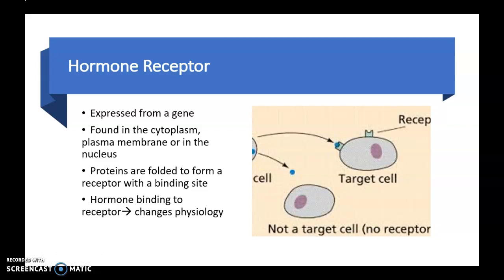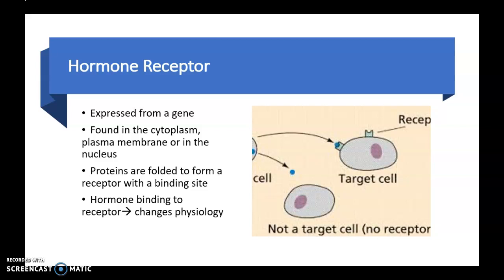So what are hormone receptors? A receptor is a protein, and we know that proteins are expressed from genes. So if you have a functional receptor, you best have a gene that is not mutated or damaged. Where can you find a receptor for a hormone?